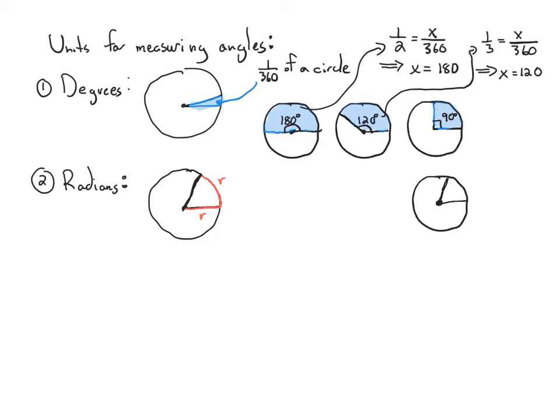What's that going to be? Well, again, set up your proportion. And if you solve this, I'll leave this as a little exercise, but as a reminder, just cross multiply and solve for x. You should get that x is 72 degrees.